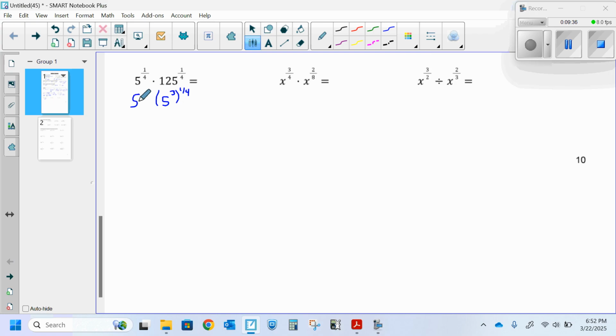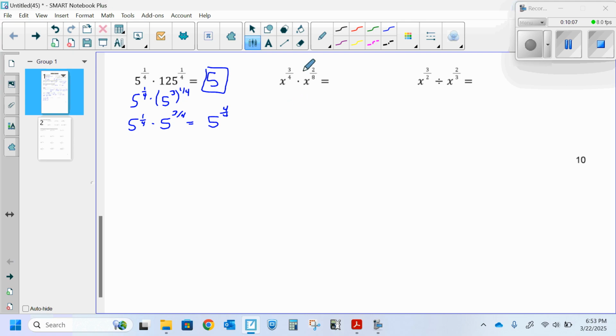So this is 5 to the 1/4 times 5 to the, what are you going to do to those exponents? When you're raising a power to a power, you multiply the exponents. 3 times a 4th is 3/4. Now you have the same bases. Don't multiply them, and then you add your exponents. 1/4 plus 3/4 is 4/4, which is 1.